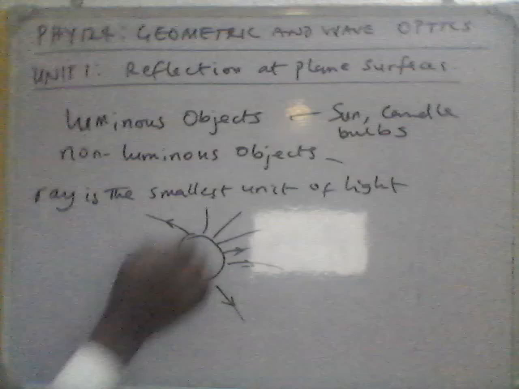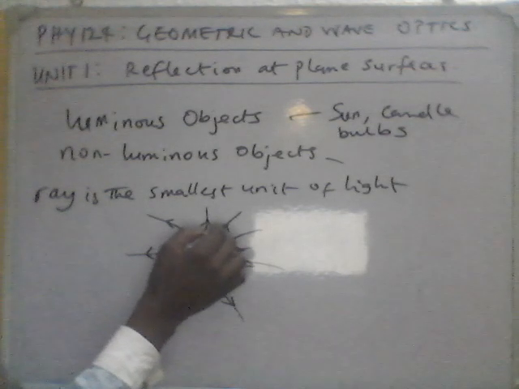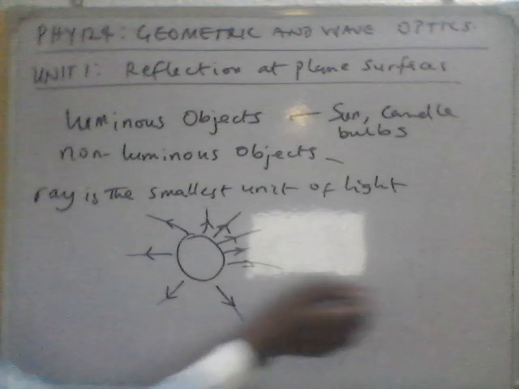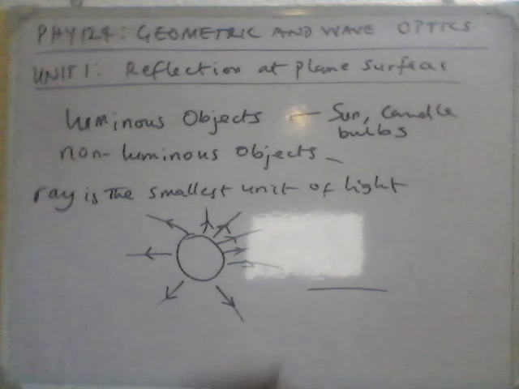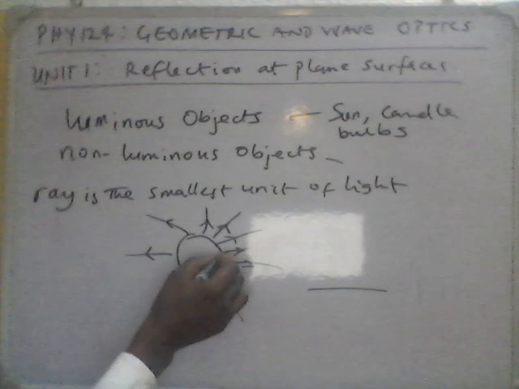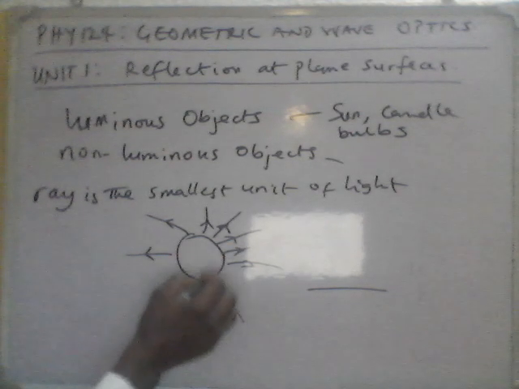For purposes of simplicity and clarity, we'll be representing the ray with just a single line, because objects can emit thousands of rays. All the rays come from the particles that make up the object.